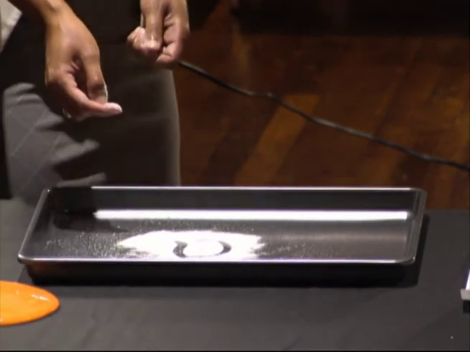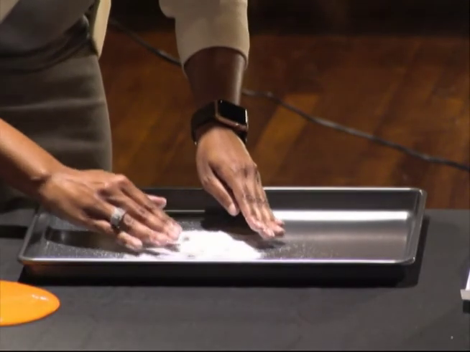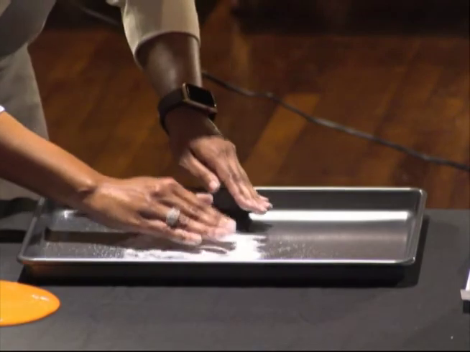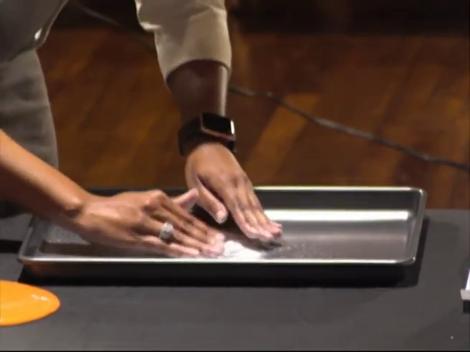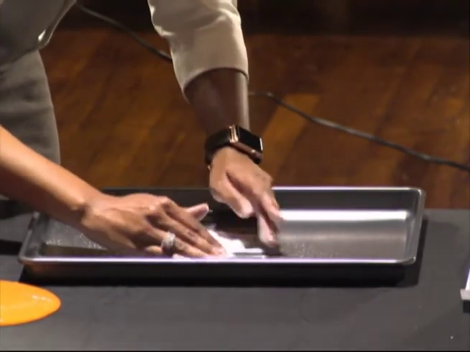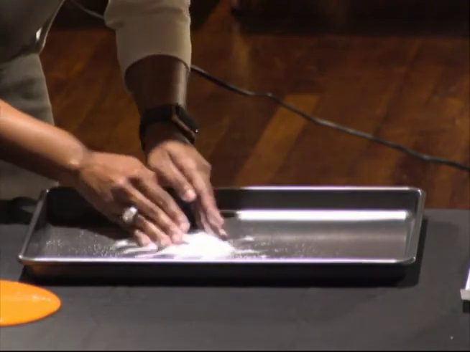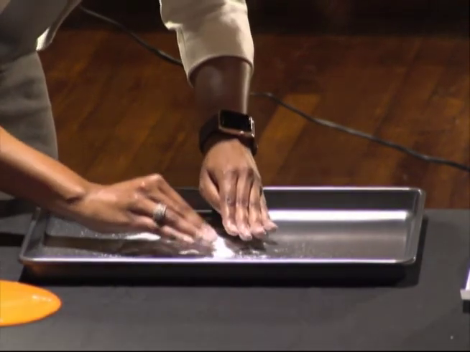Okay. And last but not least is the uppercase letter M. Make sure, again, that your salt is thin enough so that you can see the letter in your pan. Okay?